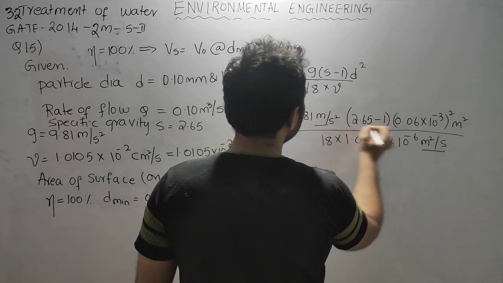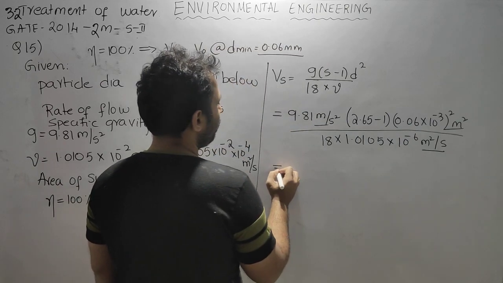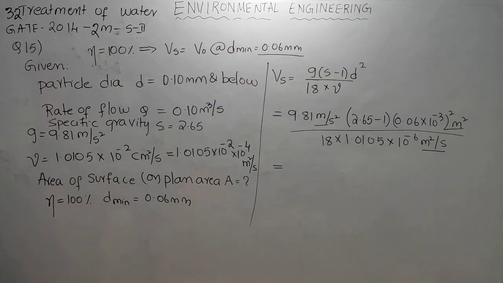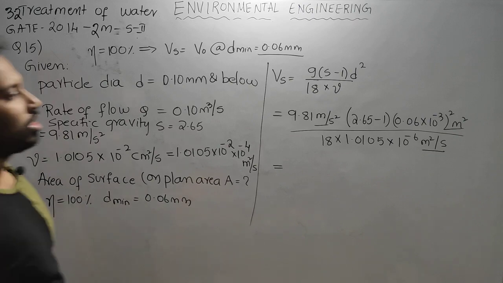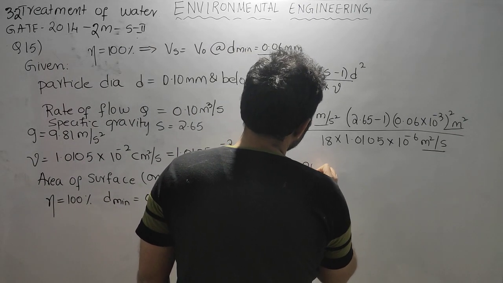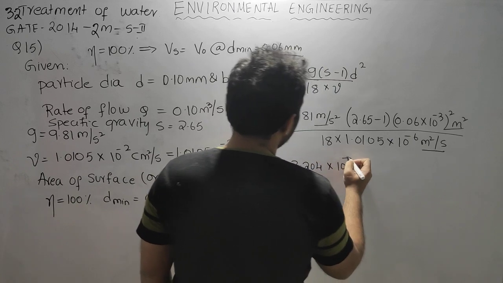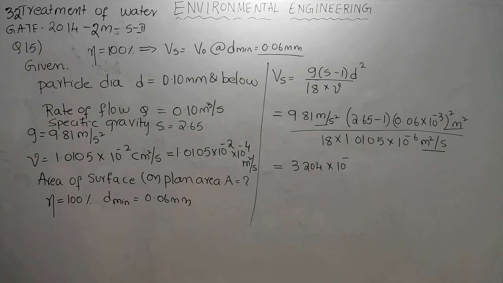So everything I have converted into same uniform units. Now I will get Vs in meter per second. So what is the value of Vs in meter per second? Vs is equal to 3.204 into 10 to the power of minus 3 meter per second.